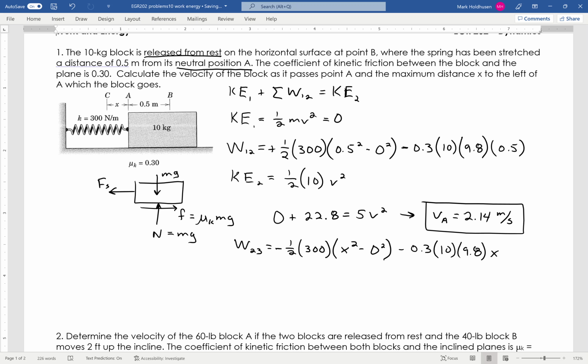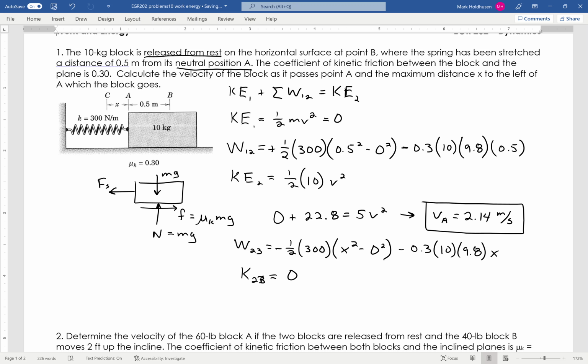Friction is always negative, because by definition it opposes motion. If it's going in the opposite direction of motion, it has to be negative work. And as I stated previously, the kinetic energy at the final position is 0.